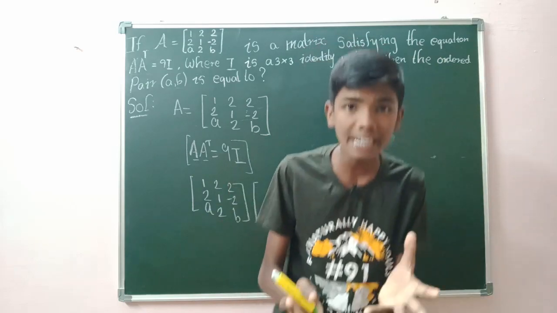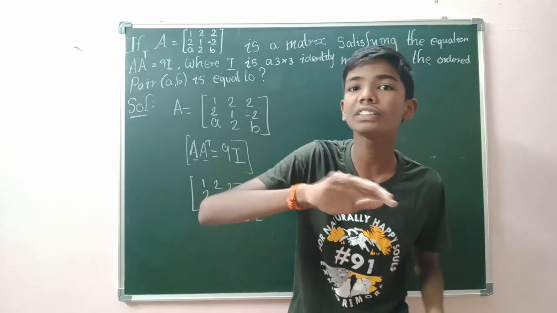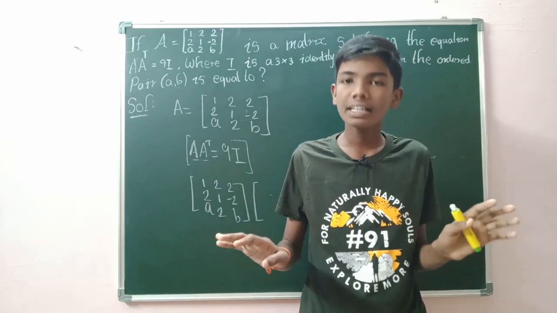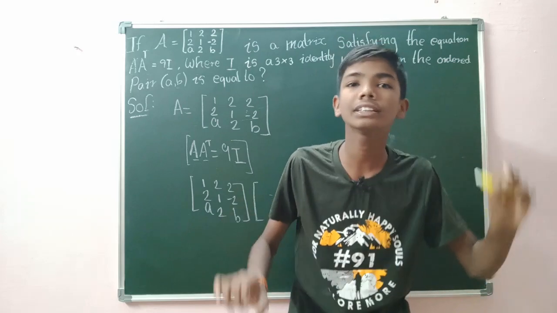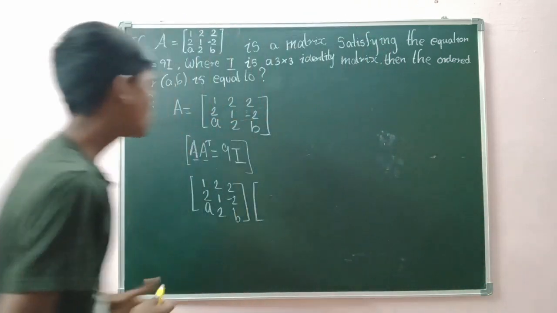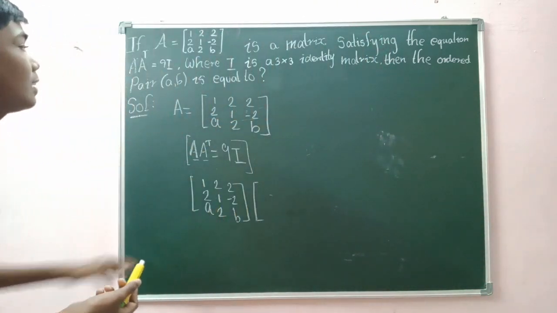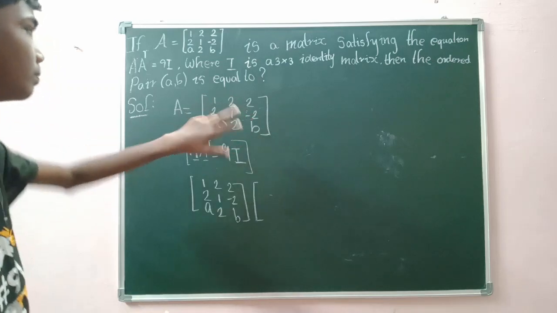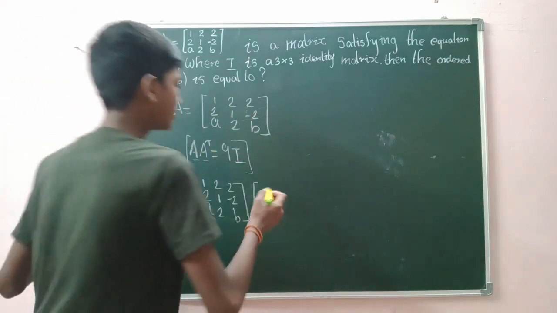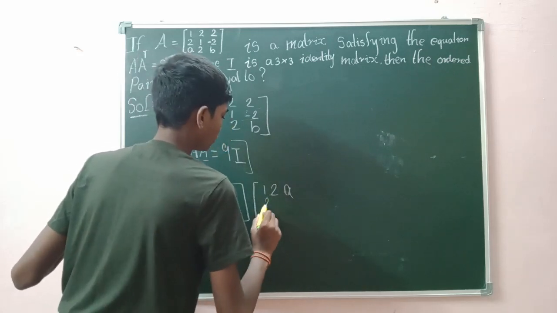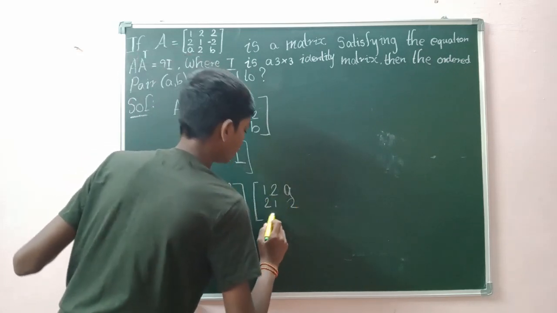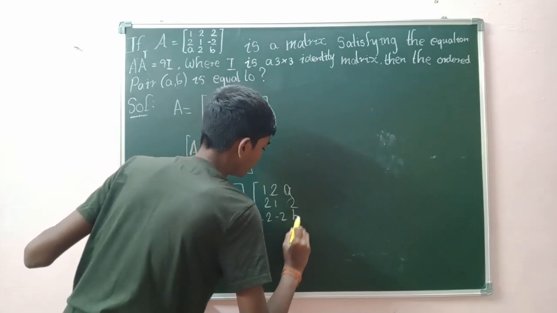But for the basic understanding, just reverse the rows and columns. That is the job, and the job is over if we just do that. So now A transpose will be nothing but the reversed rows and columns, so you will get 1, 2a, 2, 1, 2, 2, minus 2, b.